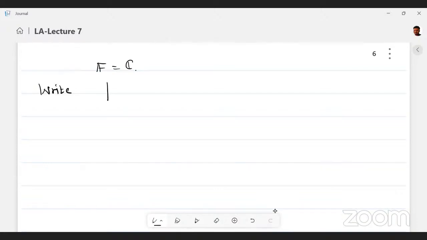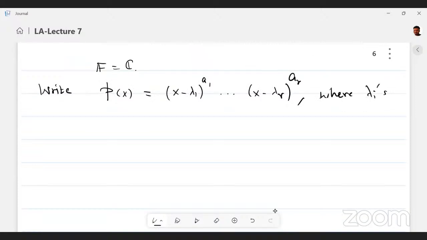So in particular, I can write the minimal polynomial of this operator T as x minus lambda 1 to the power a1, etc., x minus lambda r to the power ar, where these lambda i's are distinct roots of this p of x with multiplicity ai, which is greater than or equal to 1. Okay, so I'm counting this lambda i with multiplicity ai.